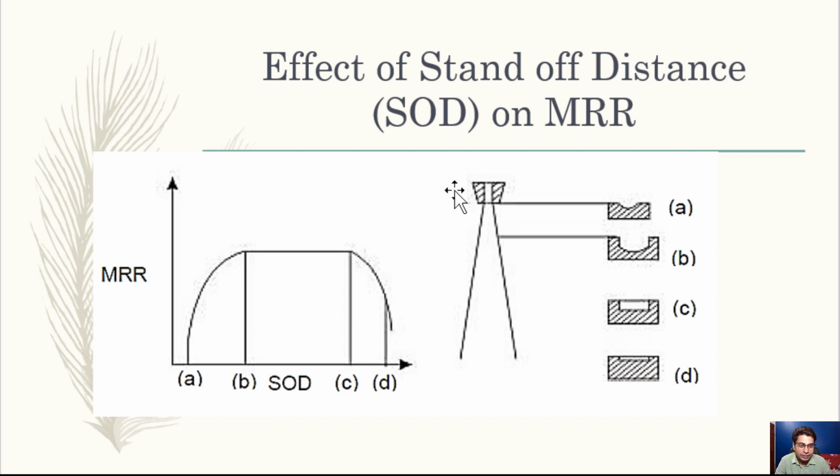Whenever the standoff distance is larger, this angle keeps on increasing, which results in less penetration. So with increased standoff distance, we may find that till a certain point of time it increases. After that it remains constant, and after a particular point of time it starts decreasing.